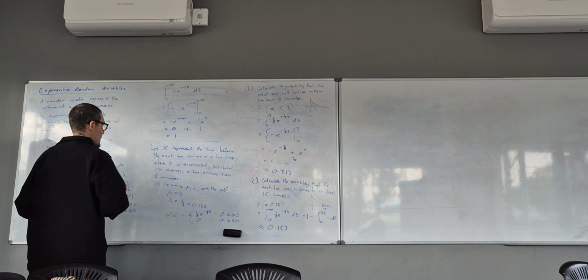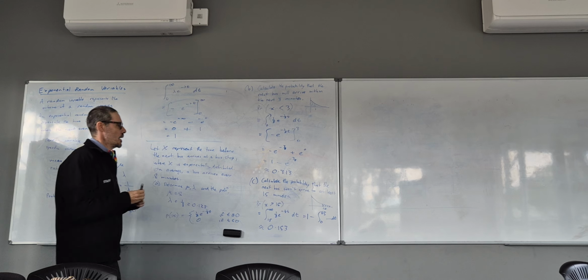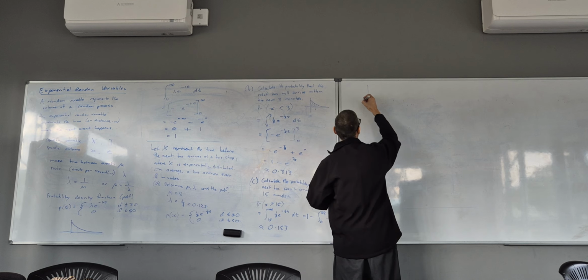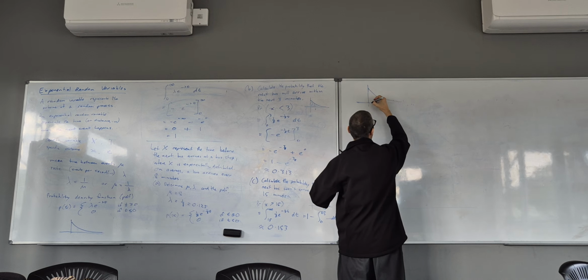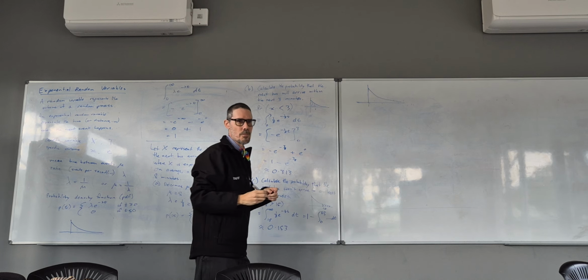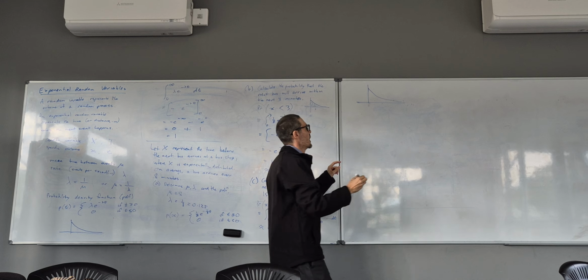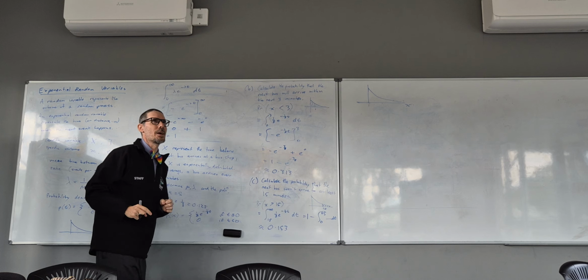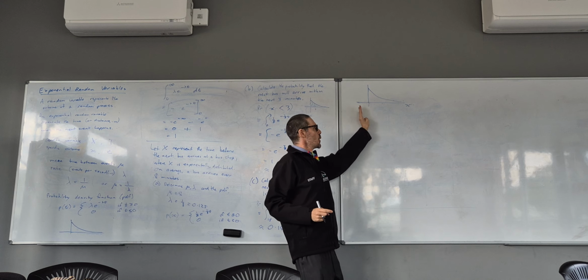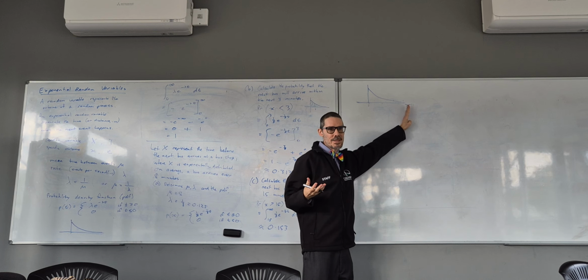Quantiles. What's a quantile? Let's look back at this curve. Remember, it's 0 on the left, goes up and then goes down like this. X coordinates are scores in the language of statistics.